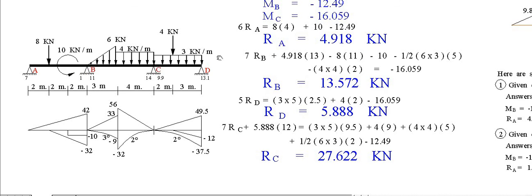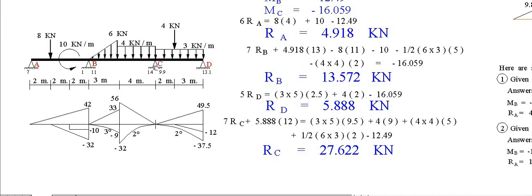The direction of the moment at C is counterclockwise. This is clockwise, opposite of that, so from positive it is negative. RD now is 5.888.